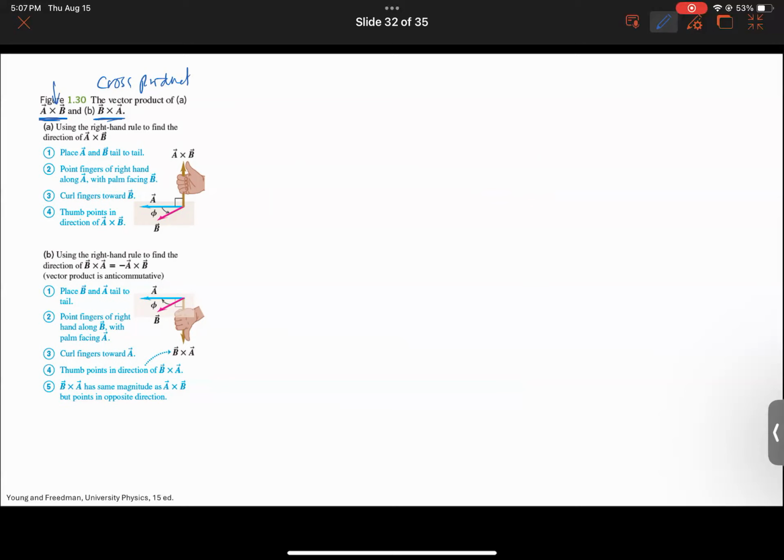Okay, now, dito sa vector product, it will give you a vector as an output. Okay, ibig sabihin yung A cross B will give you another vector, C. And yung B cross A will also give you another vector.